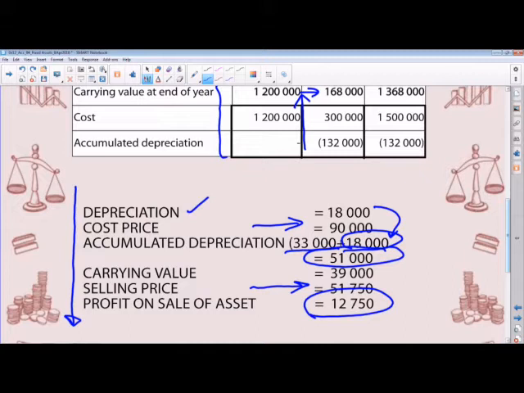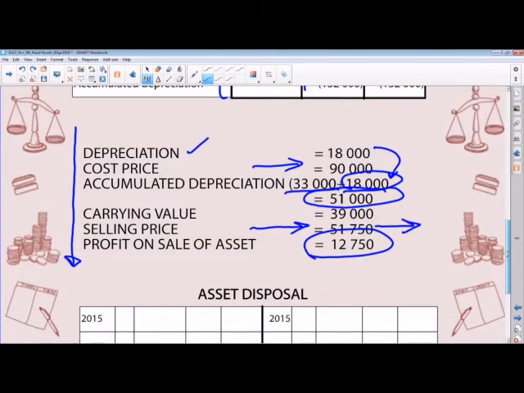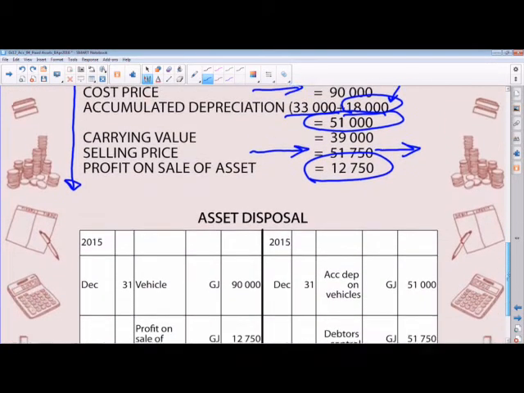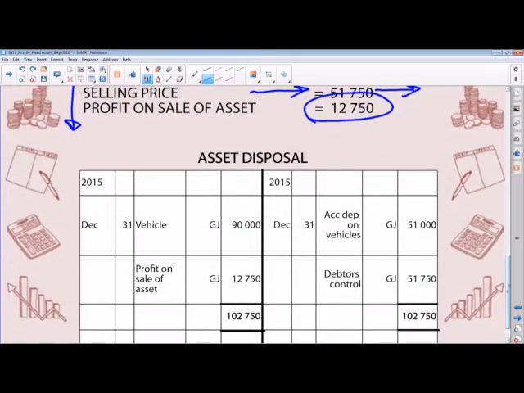Where did we get that figure from? You took your selling price of 51,750, and notice that your selling price is greater than your carrying value, and this results in a profit on sale of asset of 12,750.